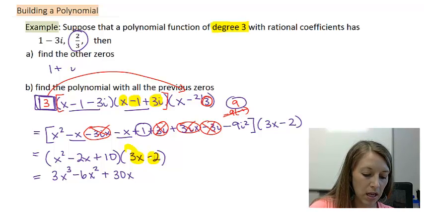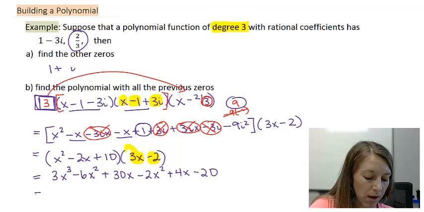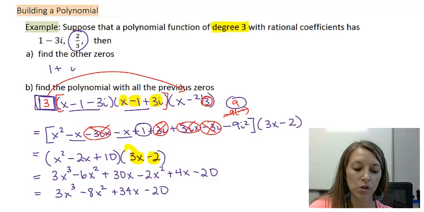Now distributing my negative 2 through gives me a negative 2x squared, positive 4x, minus 20. Combining the like terms, that gives me 3x to the third. Negative 6 minus 2 gives me a negative 8x squared. And 30 plus 4 gives me a 34x, minus my constant term of 20.